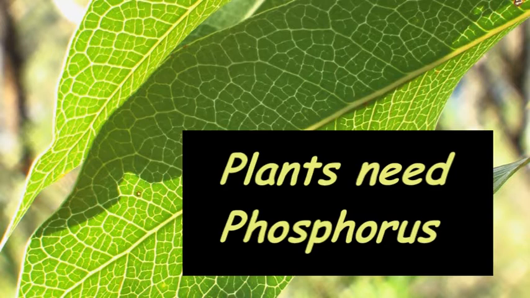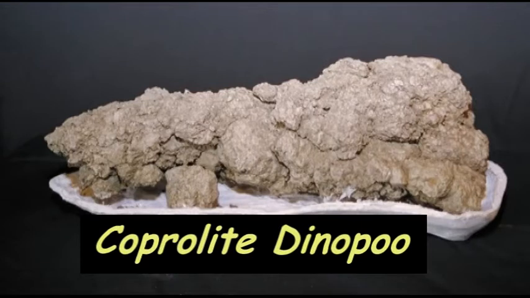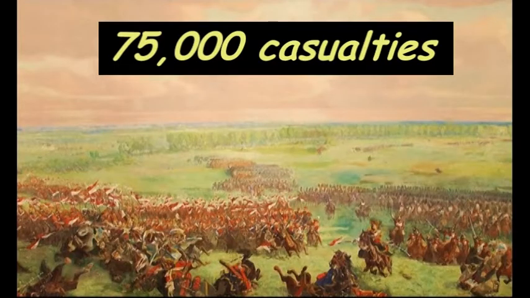Phosphate chemicals needed for plants to grow are not all that common. When the British population exploded during the First Industrial Revolution, the richer farmers used every form of phosphorus that they could find, including ground-up dinosaur poo and the bones of soldiers from the old Waterloo battlefield.